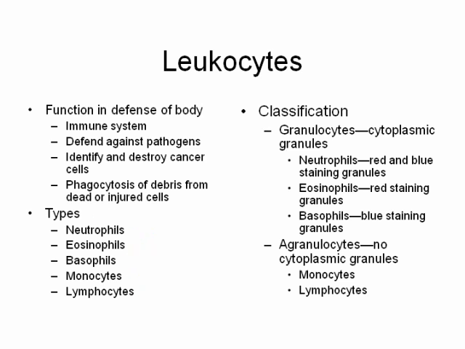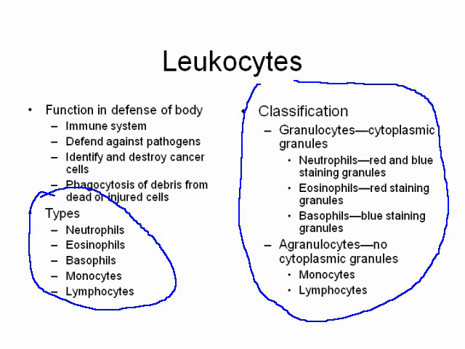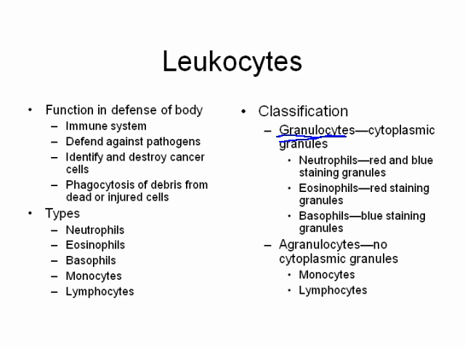Now this is one classification system. They can also be classified in another way, that is by cells that have a granular appearance, which we refer to as granulocytes, and those that do not have a granular appearance, which we call agranulocytes. The granulocytes have granules or inclusions in the cytoplasm.